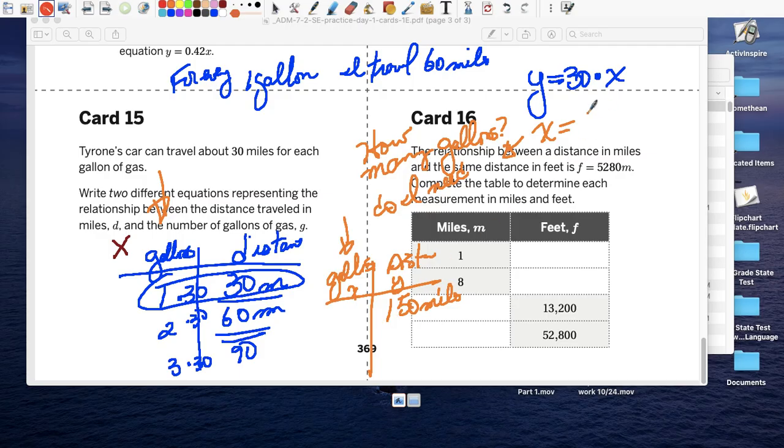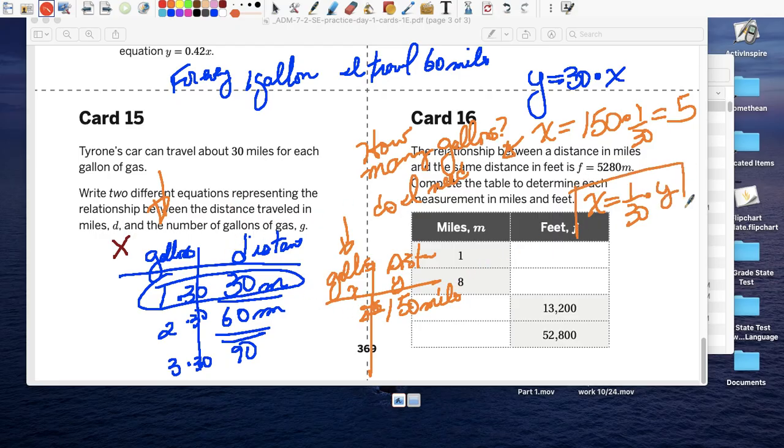Well, I'm going to take 150 and multiply by the reciprocal of 30, which is 1 over 30. And then I would get the answer, 5. Meaning that to get x, I'm going to use the reciprocal of 30, 1 over 30, and multiply that by every y value.